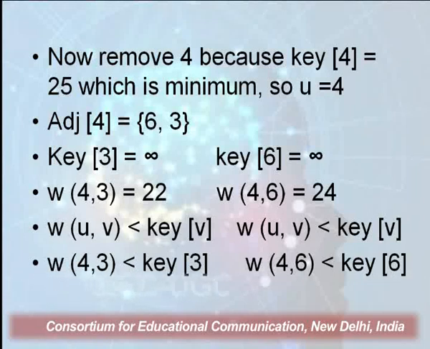So yes, both can be updated because the weight of 4 comma 3 is 22, which is less than infinity, the key of 3. Similar is the case with the other adjacent vertex, where the weight of 4 comma 6 is 24 and it is less than the key of 6, which is infinity.